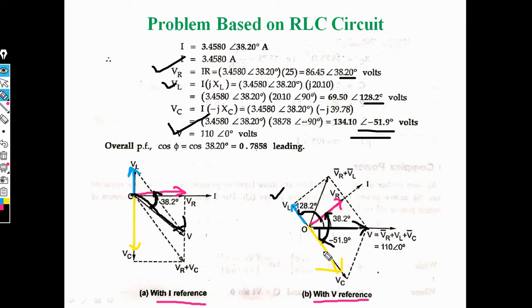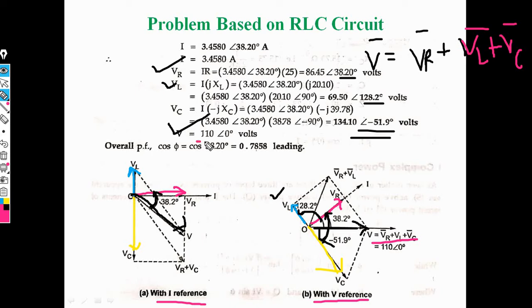That means in the reference phasor we are taking the voltage as VR bar plus VL bar plus VC bar.